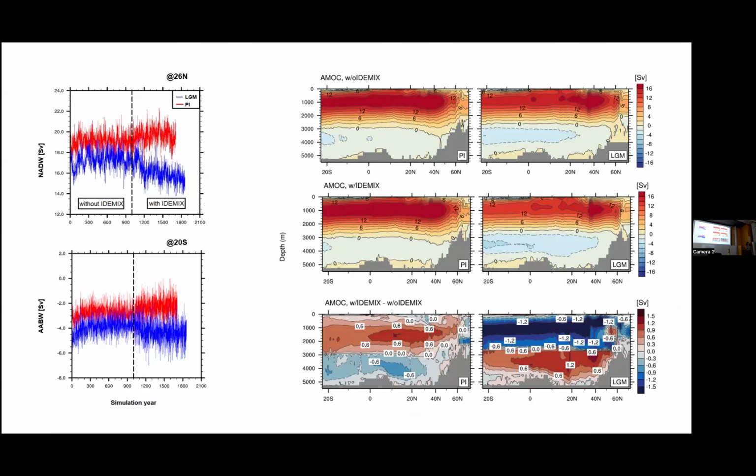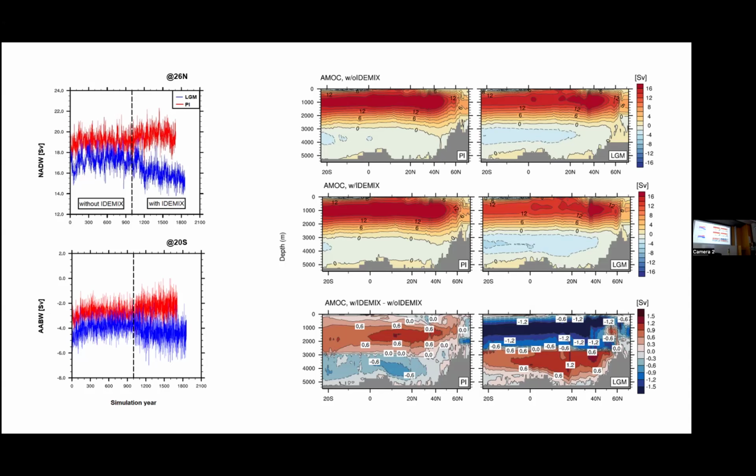So I know that this looks a little scary at first because it's very colorful and there are many plots at the same time, but if you go step by step, I just wanna highlight that we are comparing the IDEMIX and without IDEMIX cases for the AMOC circulation here.